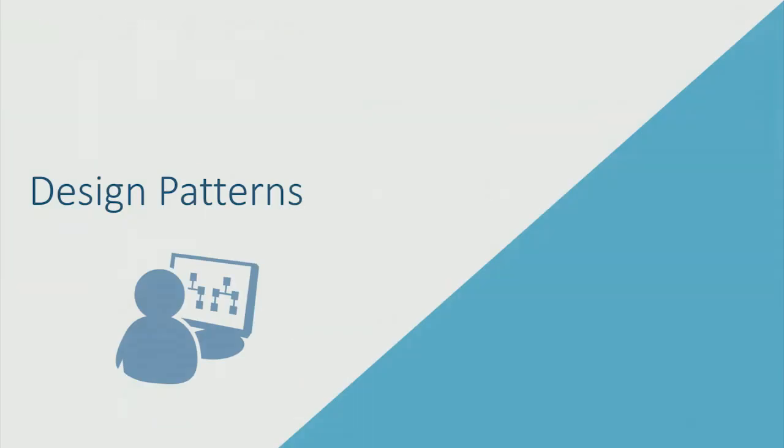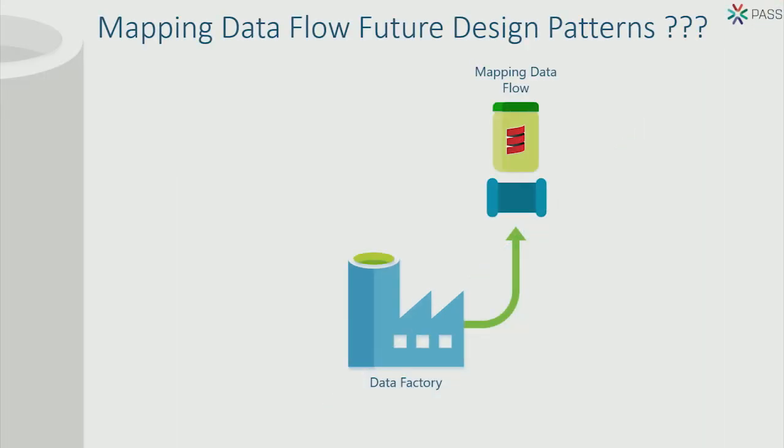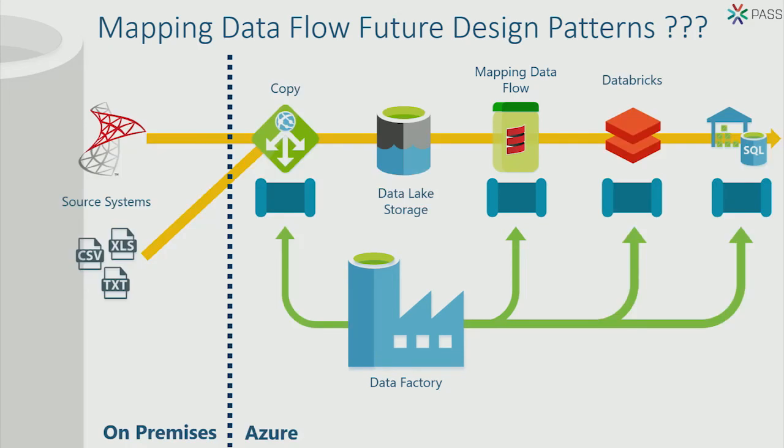So, some design patterns then. Now, these are, of course, not perfected. This is just food for thought. How do we want to now use our mapping data flows? Well, if we have some process that we're extracting from our source systems, landing it in a data lake or whatever, we could say that maybe let's use our mapping data flows to build 80% of the hard work, and then maybe we have to do 20% of the other stuff with Databricks if we don't necessarily have those transforms there yet.